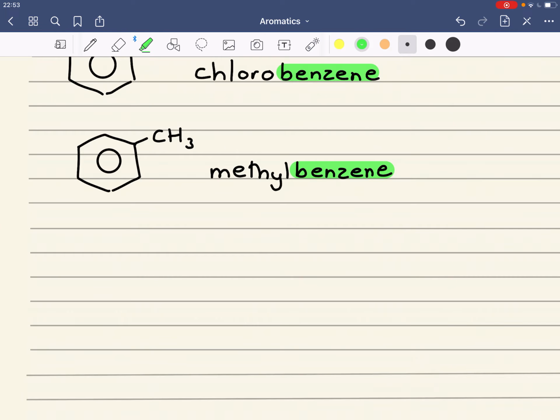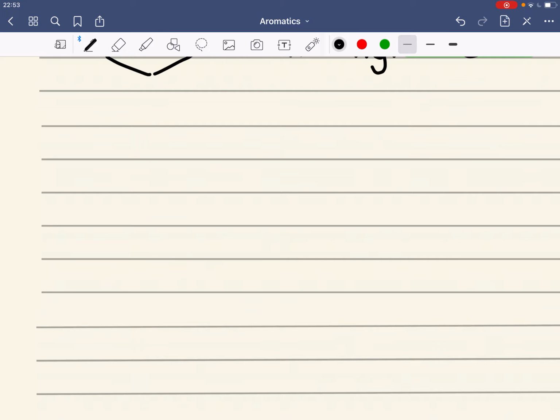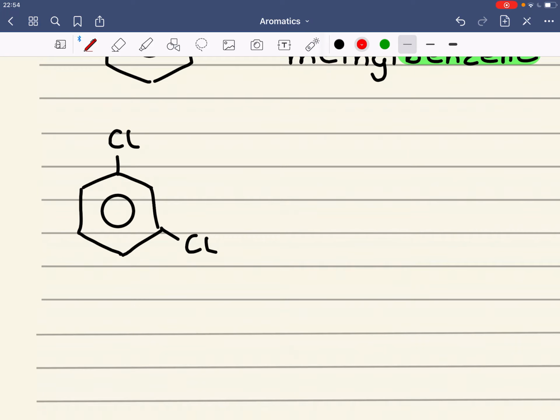We also should be able to name these benzene compounds if we've got more than one thing attached to the benzene ring. So for example, if I've got two chlorines attached to the ring, we now have to give the relative positions of these chlorines to each other, and we give one of the carbons that's bonded to the chlorines the number 1.